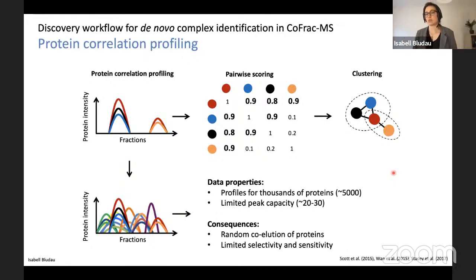You try to best recover these known complexes, and based on this, you train the machine learning algorithm to group proteins according to the results that you optimize for these known complexes in the reference database.